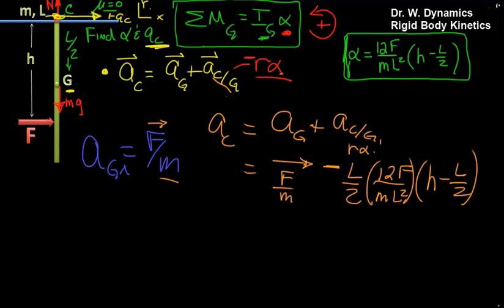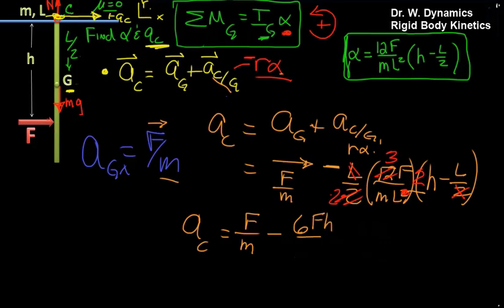Now, if we do a little work on this, we can pull this 2 out to the front, and that'll take it out of here. It'll put one into there, though. One of these L's go. So we get the acceleration of c is F over m minus, now we have 3 times 2 here, so we have 6fh over ml, and then plus 3fl over ml, where here the L over L's can go.